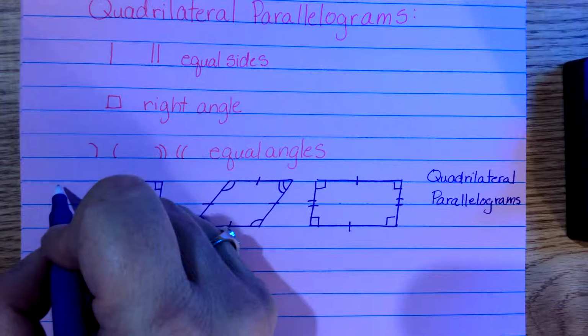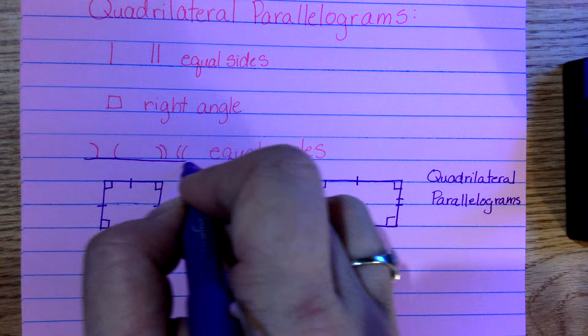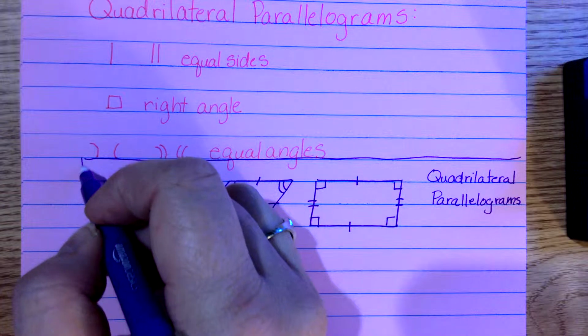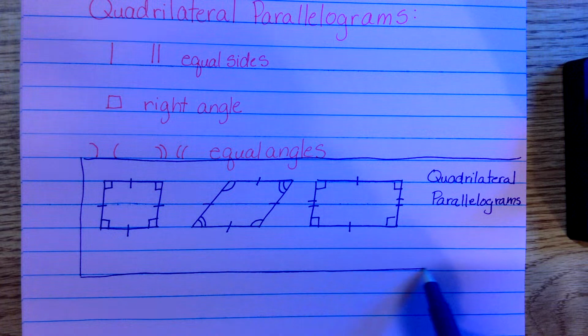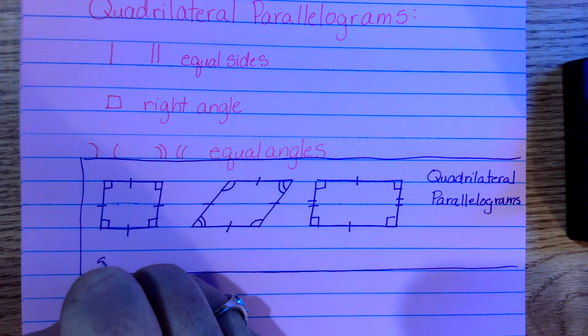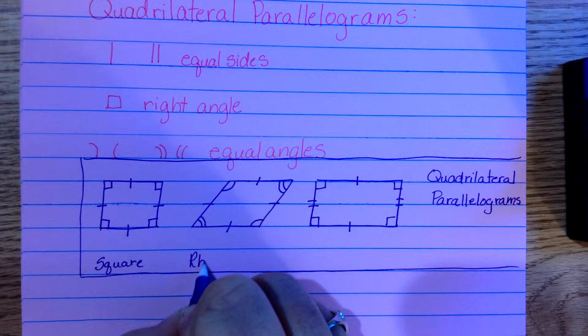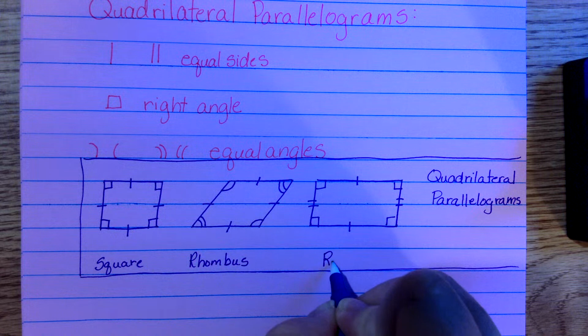Okay, now there's another distinction that is just quadrilaterals. They're not parallelograms. So in this one we have a square, a rhombus, and a rectangle.